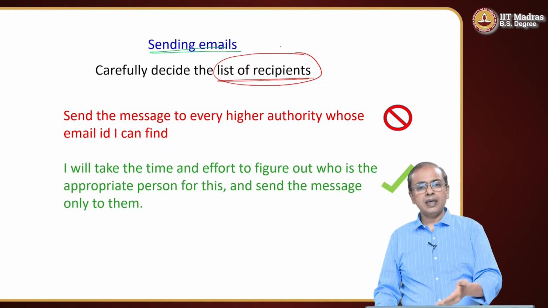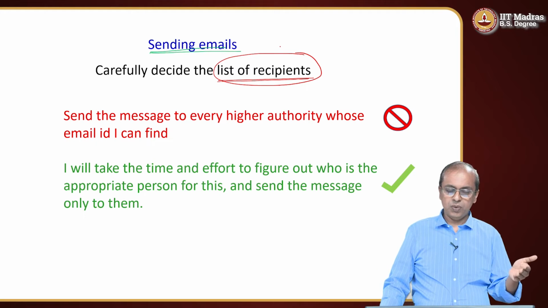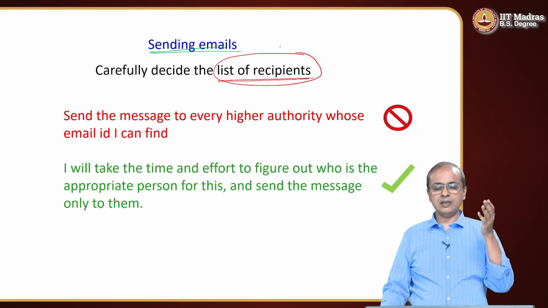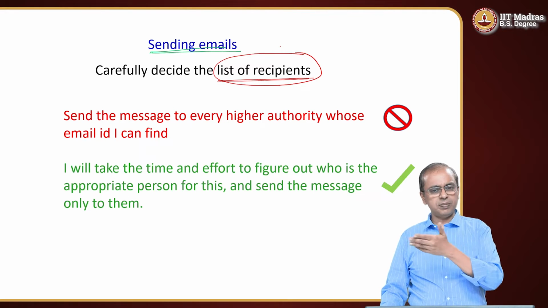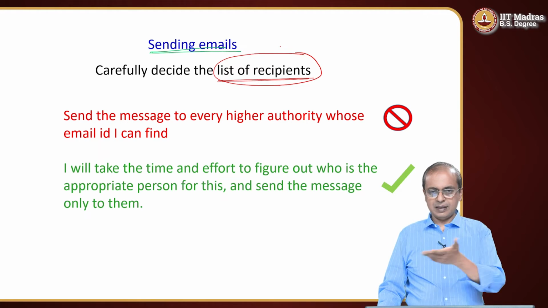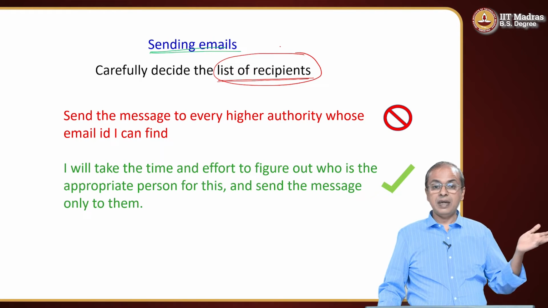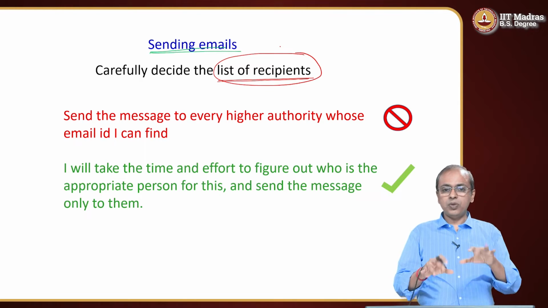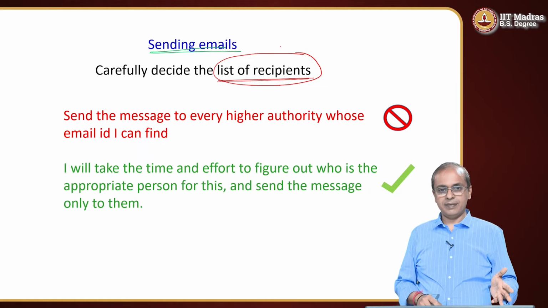If you are in a company, you will have the email address of your CEO, the heads of engineering, heads of sales, vice president sales, vice president engineering, team leads, members of your team, members of all other teams. So, once you log into your email, all these email IDs are there.